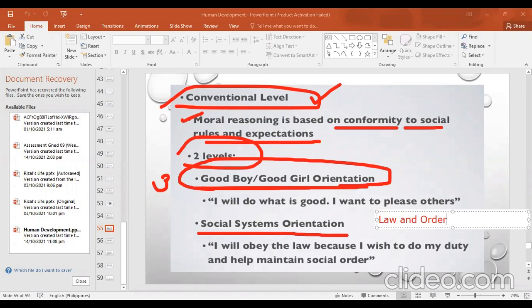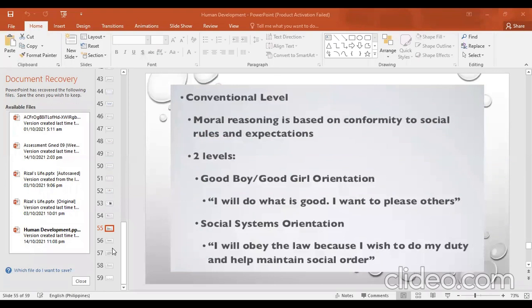Susunod ako sa batas kasi I have my duty and responsibilities bilang isang citizen ng country na ito at gusto ko ma-maintain yung social order na yun. Okay? Kaya kung mapapansin nyo in conventional level, kung ano yung sinasabi ng society na tama, yun yung ginagawa natin.